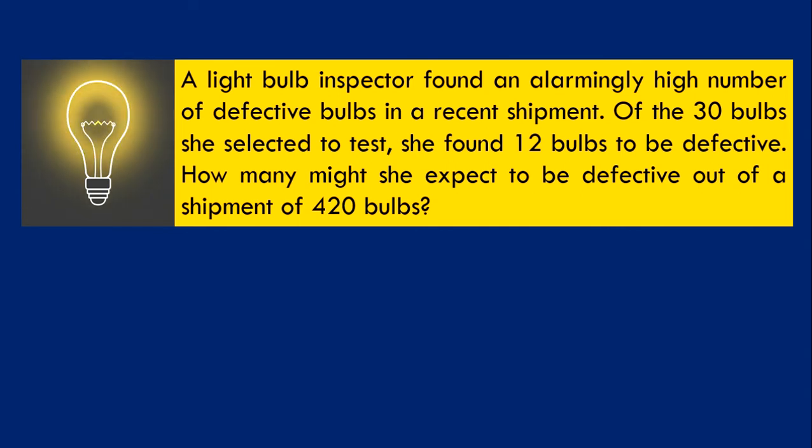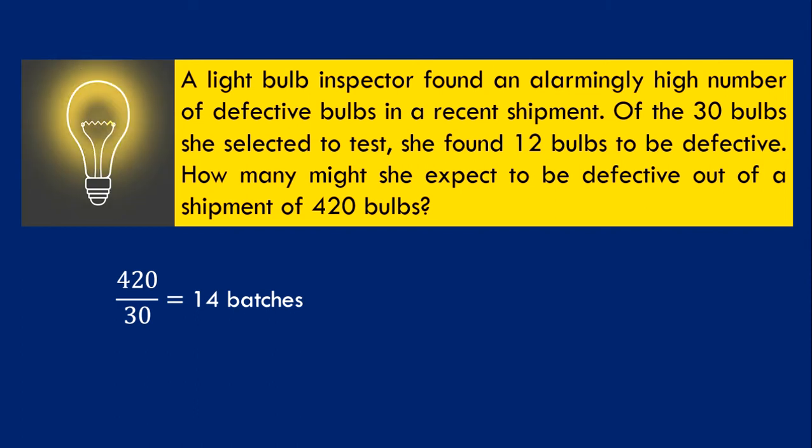Notice that we have here the data that a light bulb inspector selects 30 bulbs to test, and for every 30 bulbs she selected, 12 bulbs were found to be defective. So if there are 420 light bulbs, all we need to do is identify the number of batches. We divide 420 by 30, so we have 14 batches.